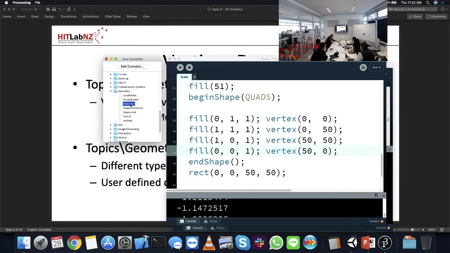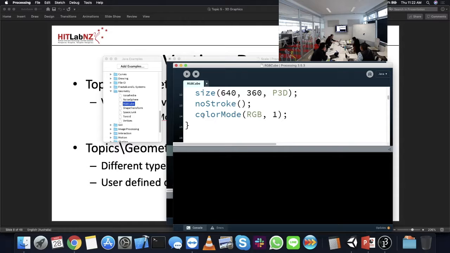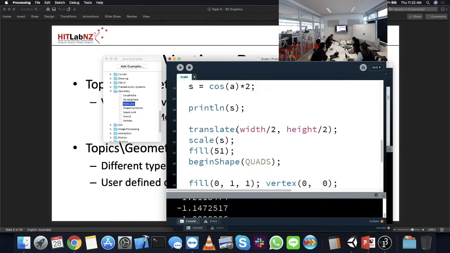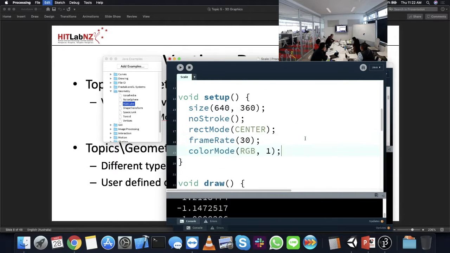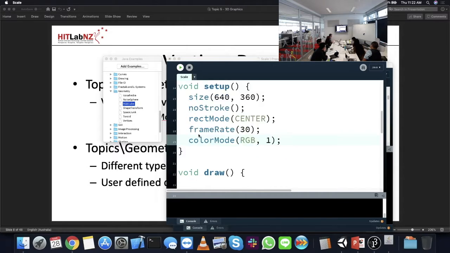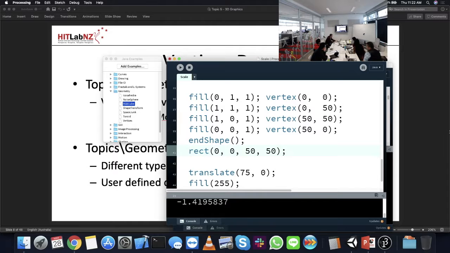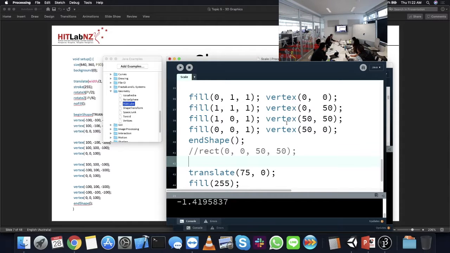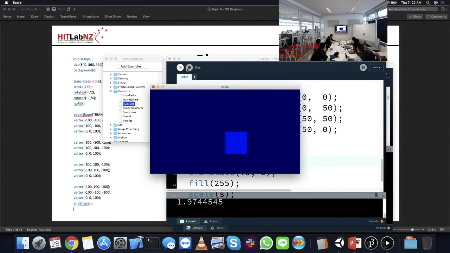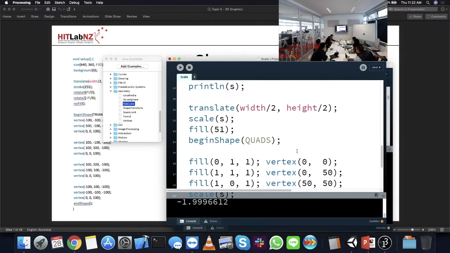And where did my RGB Cube go? Grab that color mode. All right, hopefully this will work. Okay, so it didn't, which is a shame.